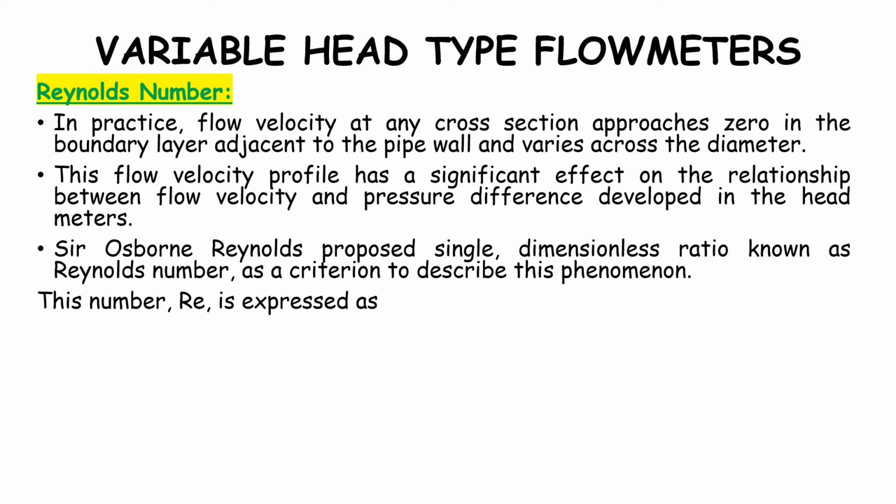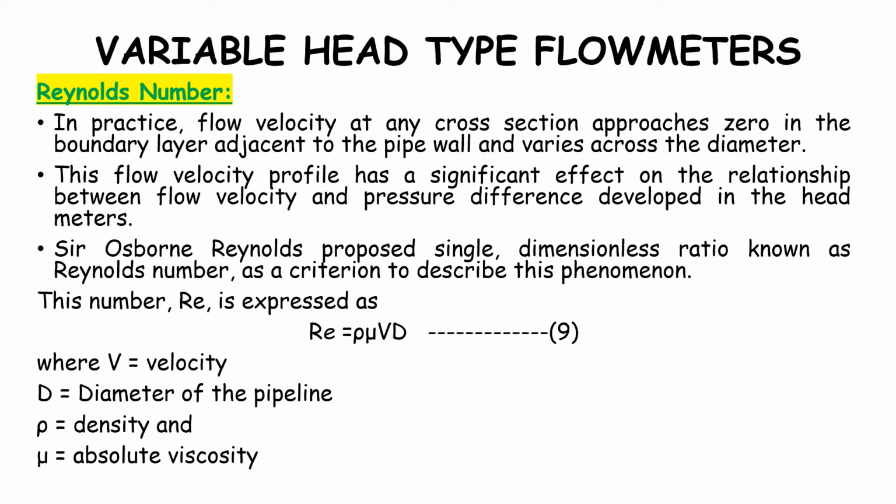Now, Sir Osborne Reynolds proposed a single dimensionless ratio known as the Reynolds number as a criterion to describe this particular phenomenon. This number Re is expressed as Re is equal to rho V d divided by mu, where V is velocity, d is diameter of the pipe, rho is density and mu is absolute viscosity.